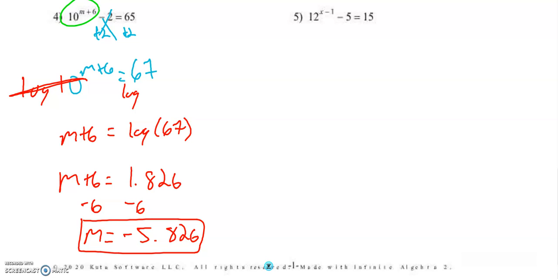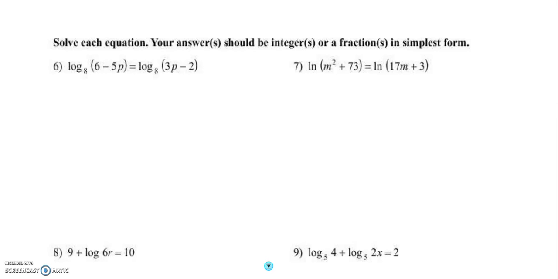All right. Moving on to 6 through 10. I'm going to do number 6, and I'm going to do number 8. For number 6, as you can see, you have the same log base 8 on both sides. That means that you can eliminate them, because if you raise it by 8, it eliminates them. And you have 6 minus 5p equals 3p minus 2.